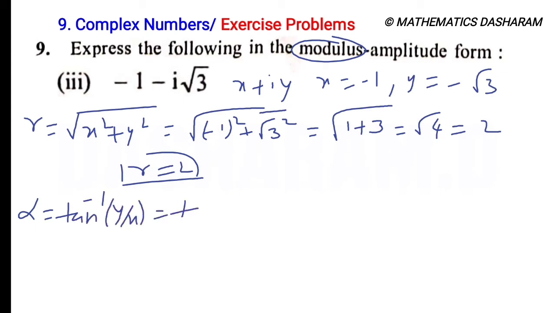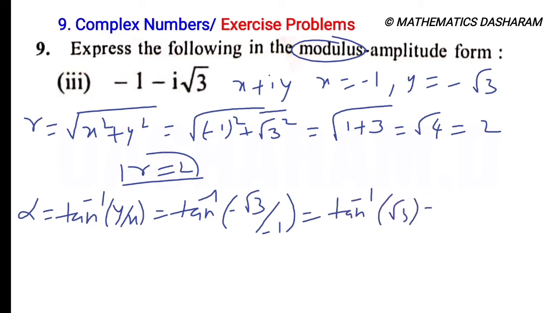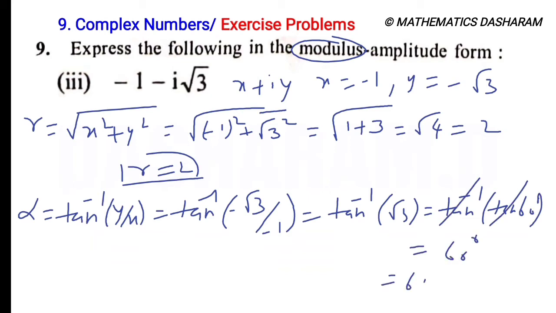So it equals tan inverse of y value minus root 3 and x value minus 1. So then tan inverse of root 3, which means tan 60 degrees. Tan inverse tan cancels, it equals 60. The 60 degrees converted into radian form, multiply with pi by 180. So then alpha equals pi by 3.